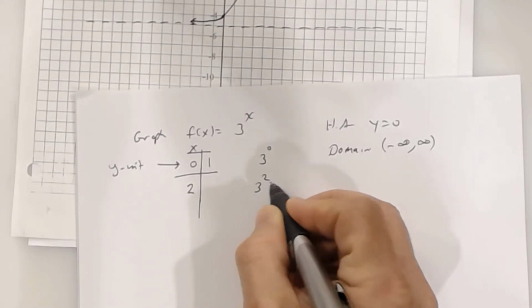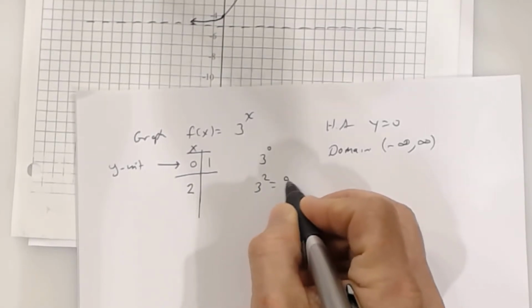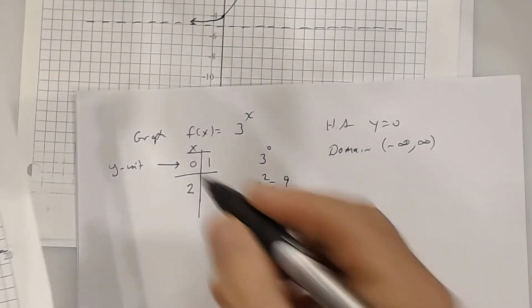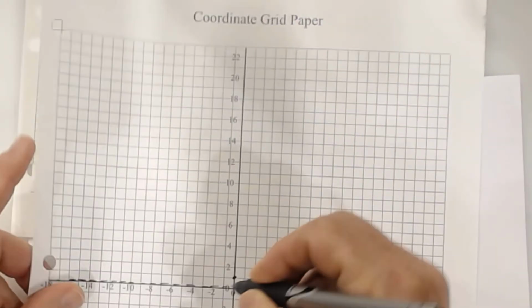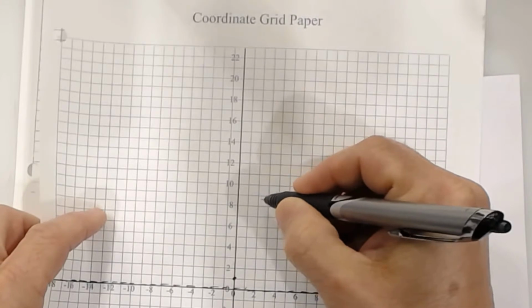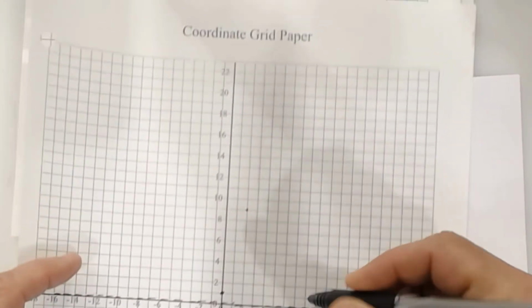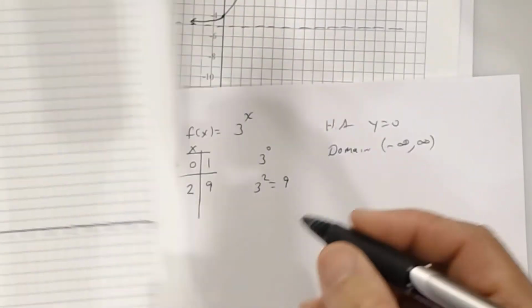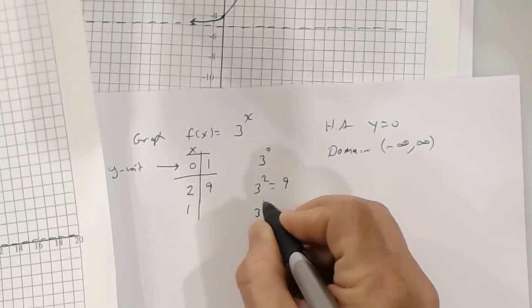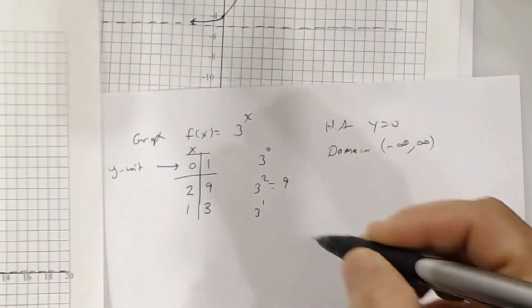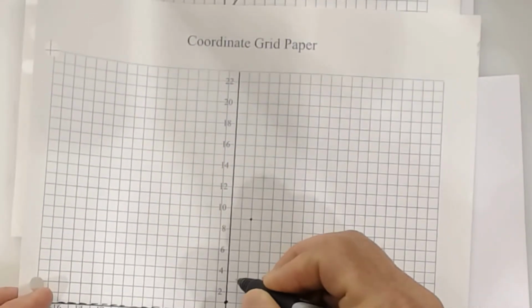So I get 3 squared, which is what? 9. So I get (2, 9), right? So 2, 9 is here. And if I let x be 1, I get 3 to the first, which is what? 3. So (1, 3) is here.